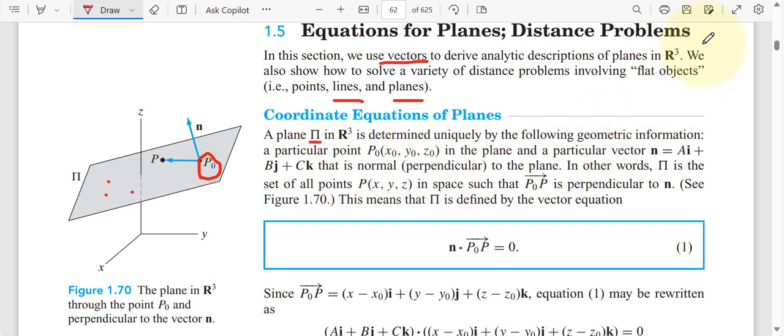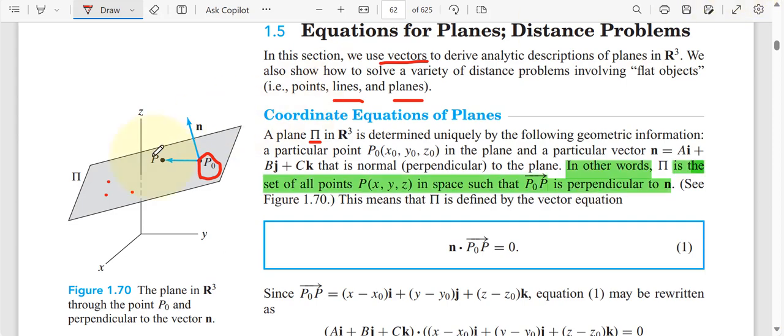We talked about the word normal, and normal just means perpendicular. And so once we're given some vector and some point, then there's only one plane that will satisfy those two conditions. Okay, now the next sentence is interesting.